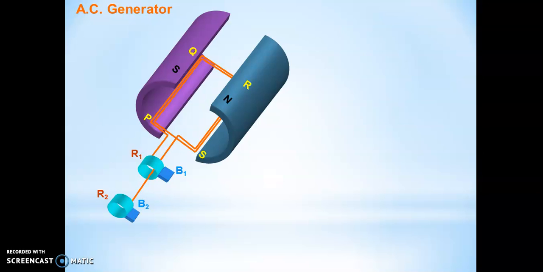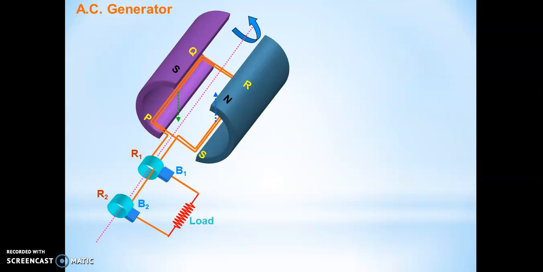These brushes are conducting brushes, and these rings are used to switch the wire when the half rotation is done. We take the output from a load resistance. The axis of rotation is shown as a dotted line, and this is the rotation.